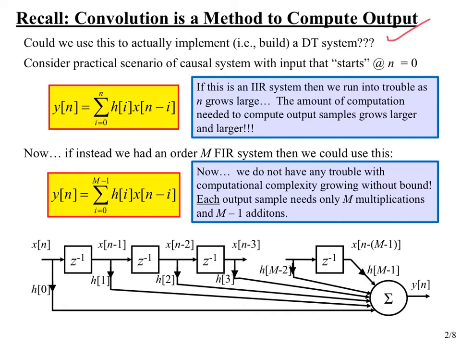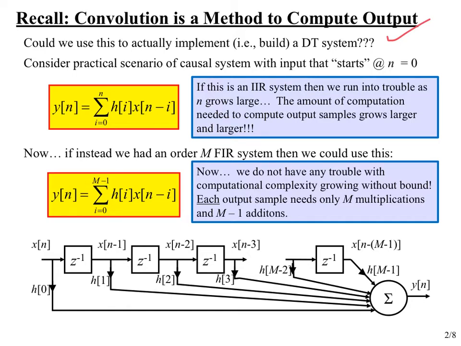If we're dealing with real time systems, causal systems are the only things that we can really implement. And we're going to have an input that starts at some point, and we might as well call that time n equal to 0. That's our choice to say this is the time point where things are going to start.